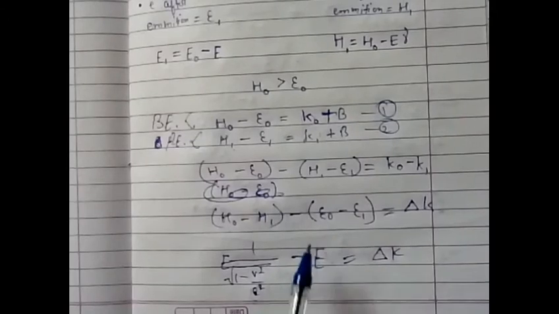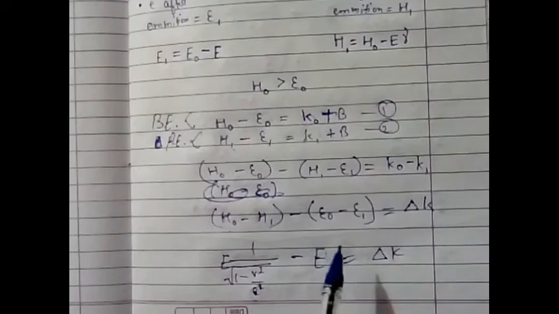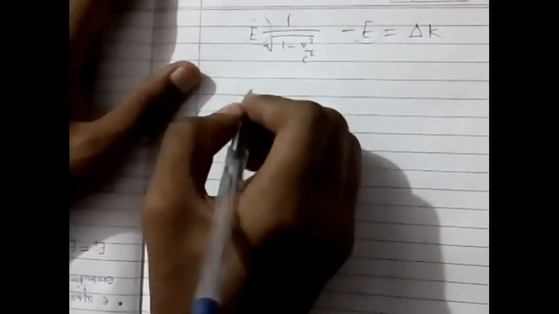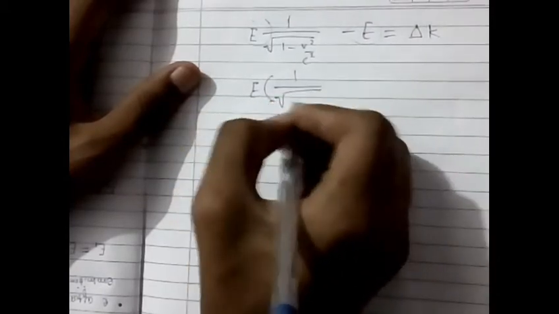Because the energy before emission for S and the energy after emission for S is simply the energy loss. Let me turn the page. I've written this once again. Now if I take both the E as common, we will have E times 1 over the square root of 1 minus V square over C square, minus 1, which equals delta K.